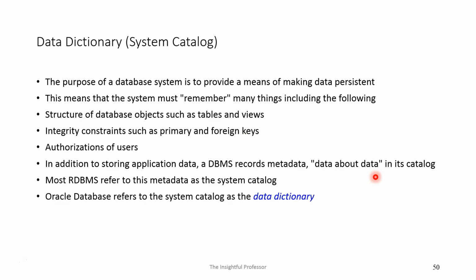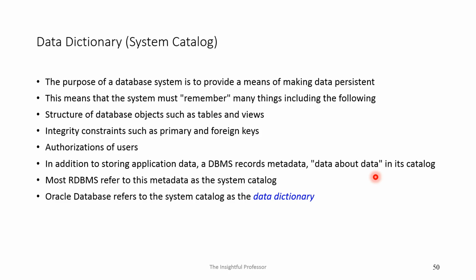For example, when I look at the department table for an application, I'm going to be saying, well, what's the name of a department? What building is it located in? What room? Things of that sort. I'm looking at the content of the table. But I have to also define to the database what are the names of the columns? What are the data types of the columns?